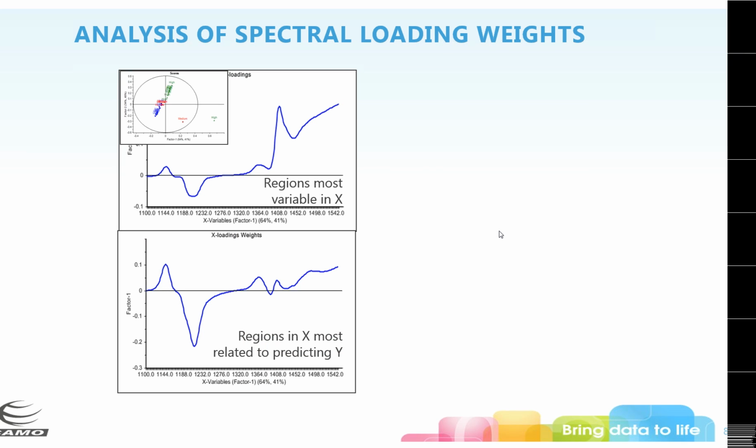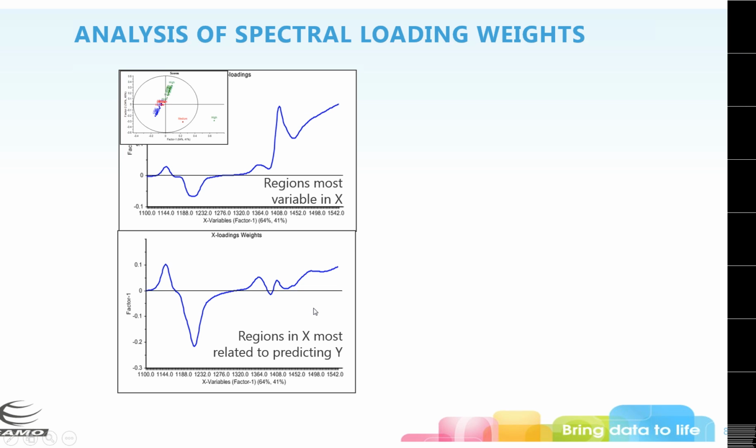Now, if we want to look at our X loadings versus our X loading weights, remember the X loadings here are the regions that are most variation in the X data, and the X loading weights are the regions in X that are most related in predicting Y. What you really want is for these to look similar to each other.